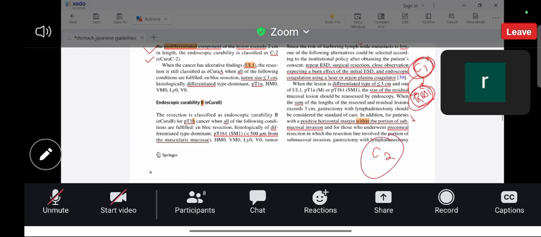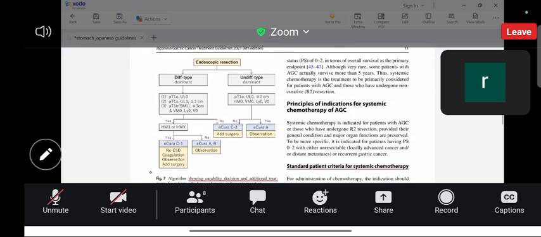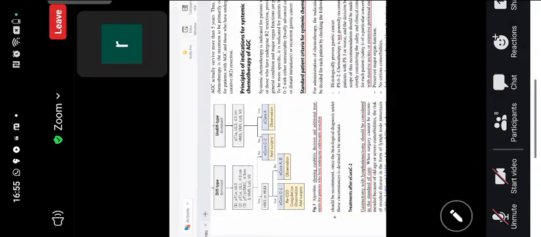And other than C2, if there is C1 and we find that the size in the HPR plus the remaining mucosa is more than 3 centimeter, then we will do gastrectomy. If we see that it is infiltrating the submucosa, then we will do gastrectomy. So these all are indications of gastrectomy. This is a flow chart, with the things we have discussed already.